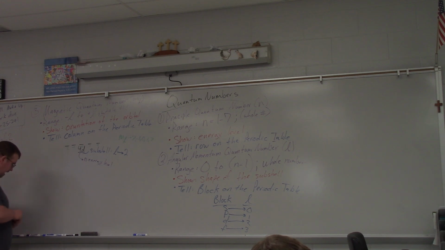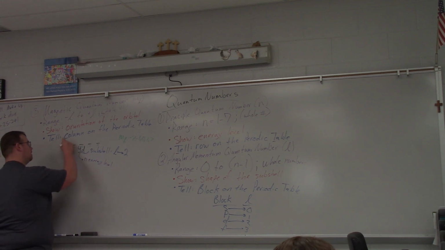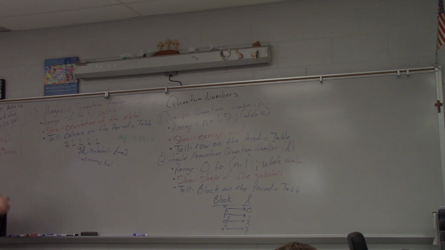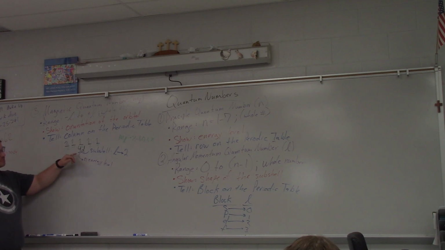So then in these orbitals we have arrows which represent electrons. We care about the location of the electron. With the principal quantum number, I can say the 4th energy level.